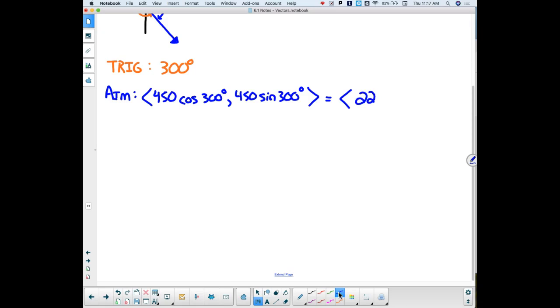I get 225 and negative 389.711, but really that's 450 times the, what's the sine of 300? Negative square root 3 over 2. So that's really 225 square roots of 3.